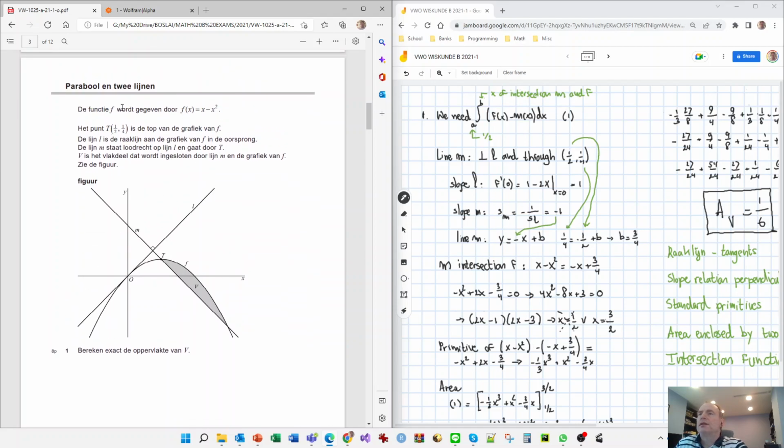Alright, so we have a function f given here, and they say this point is on the graph, which is pretty obvious if you substitute this. There's a raaklijn, which is a tangent, in the oorsprong, which means in the origin.